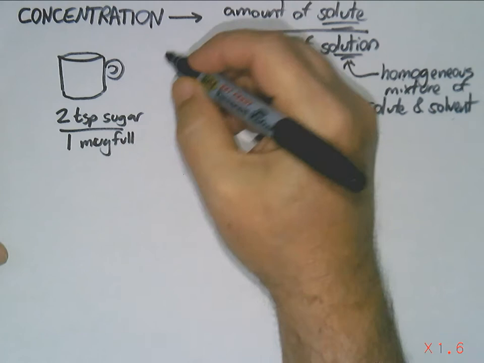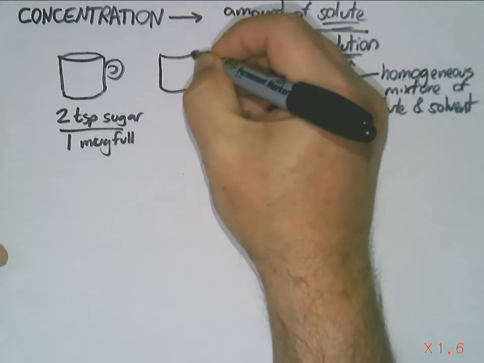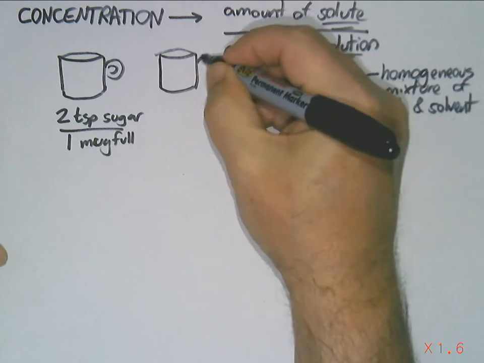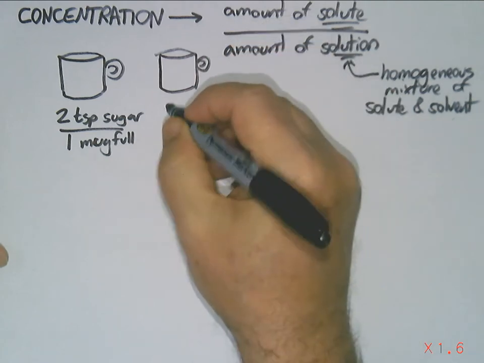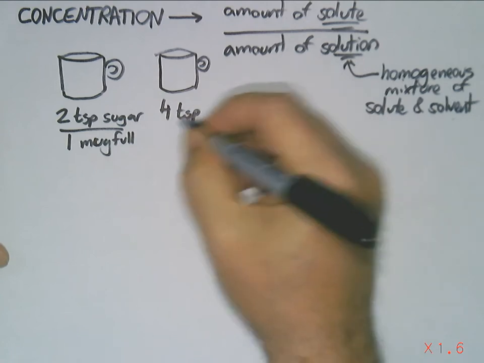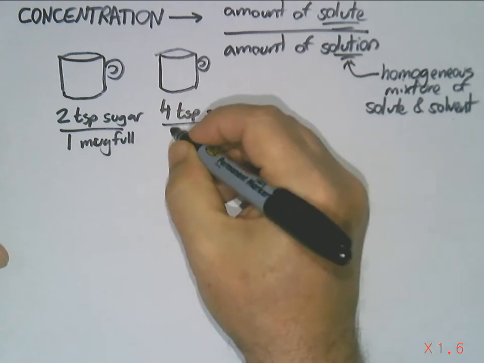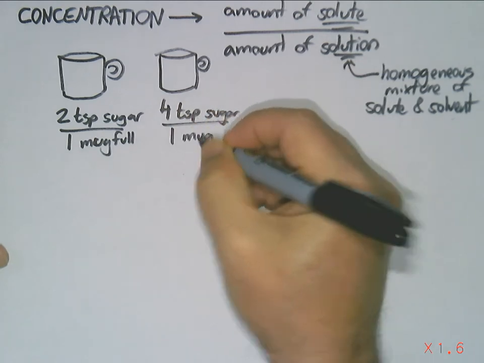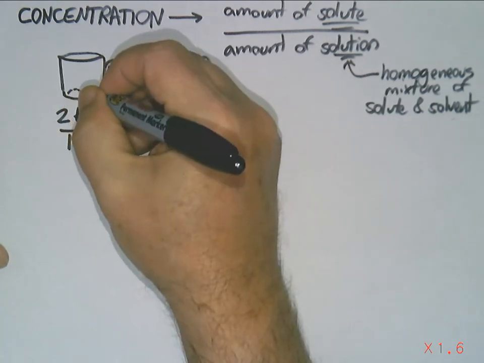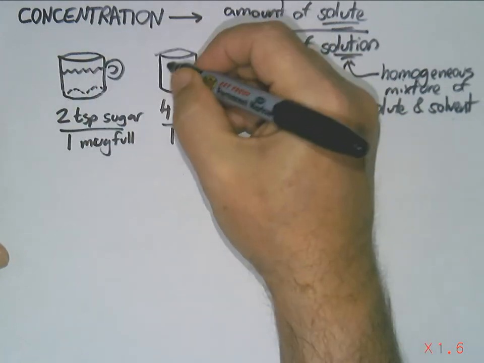Now, suppose you've got a roommate and they like their coffee like this. They like 4 teaspoons of sugar for every 1 mug. So here I have 2 in a mug. Before I mixed it, it would look like that.